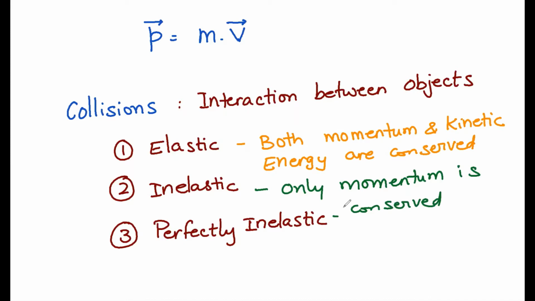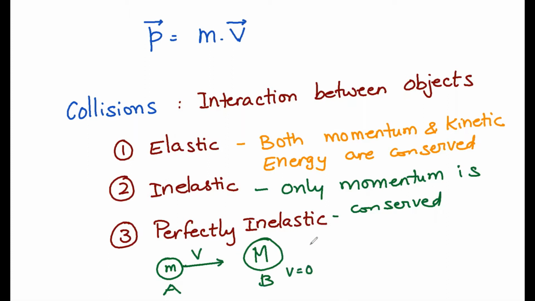Now, what is the difference between inelastic and perfectly inelastic? In a perfectly inelastic collision, objects move with the same final velocity after collision. So, for example, let's assume there is an object A of mass m and another object B of mass capital M. And let's say A is moving with a velocity v and object B is at rest.